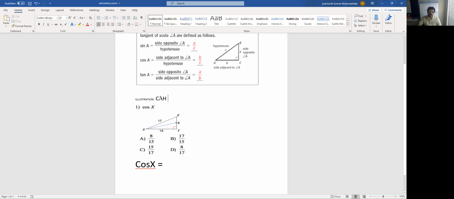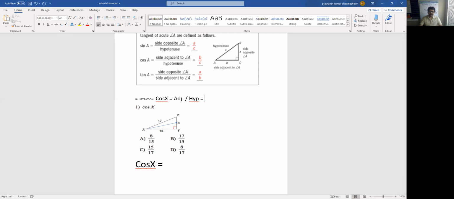What I need only is cos of angle x, which is adjacent over hypotenuse, because in SOHCAHTOA it says cos is adjacent over hypotenuse. For clarity, let me put ADJ for adjacent and HYP for hypotenuse.